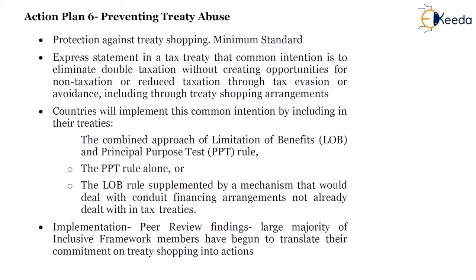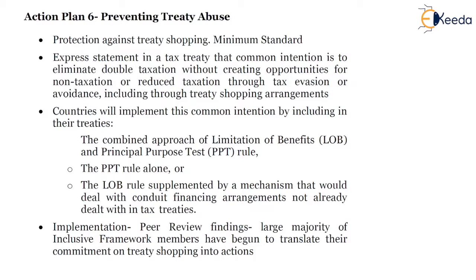Similarly, if in the case of cross-border transactions which are related to treaty abuse, then the assessee won't have an option to take treaty benefit. The only option left would be to adhere to the domestic tax provisions of the respective country.